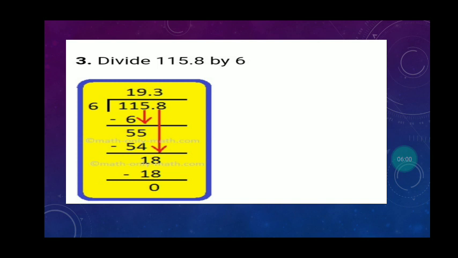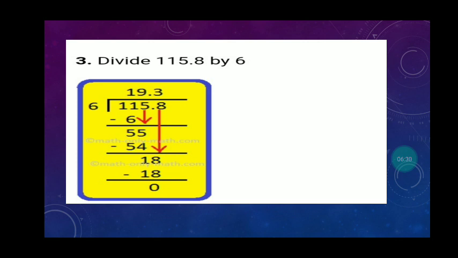Now again we can see that we divide 115.8 by 6. So 6 ones are 6, remainder is 5. We can see 5 is much smaller than 6. So again we take 5, so 55. 6 nines are 54. Remainder is 1.